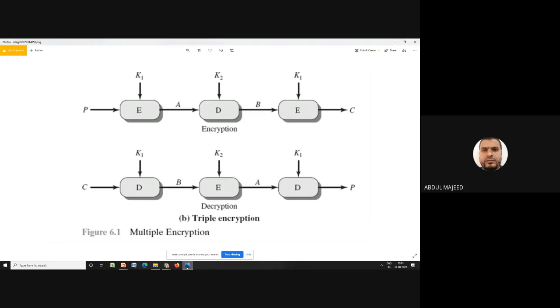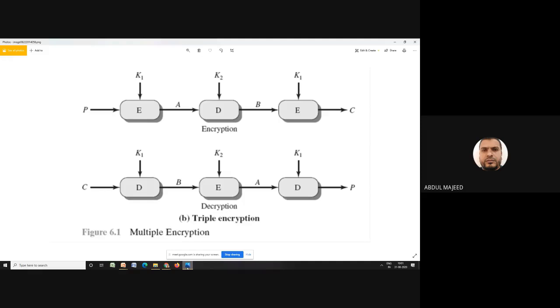Triple DES might mean DES encryption, DES encryption, DES encryption, but it should not happen like this. What they are doing is, in the first stage they are encrypting, in the second stage they are decrypting, and in the third stage again they are encrypting. Only the key is getting changed.